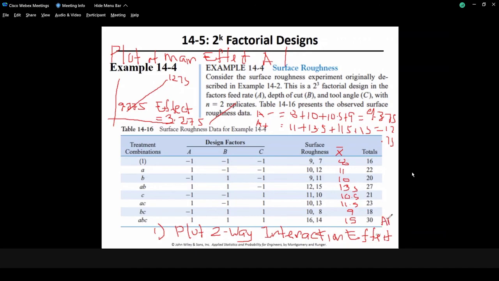A, B. Okay, guys, for test 1, I will not cover 2 by 3.